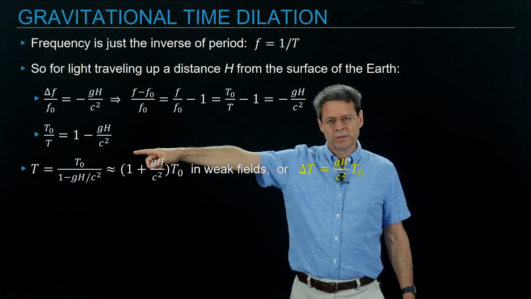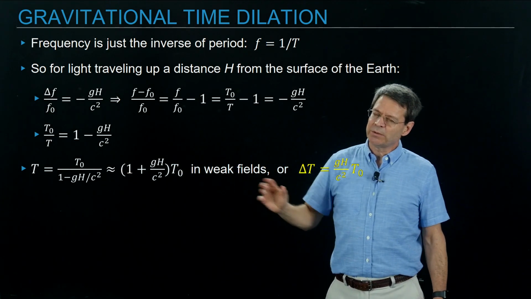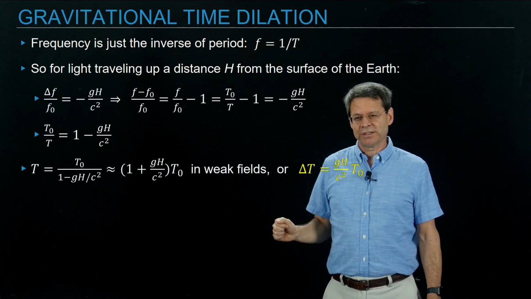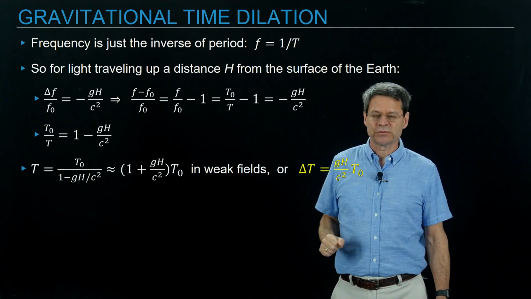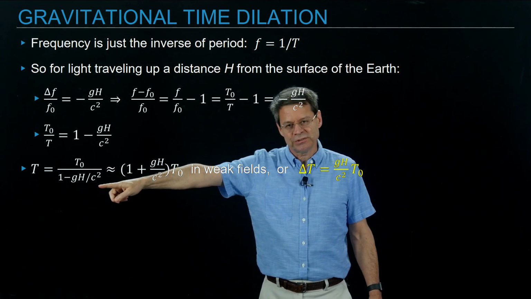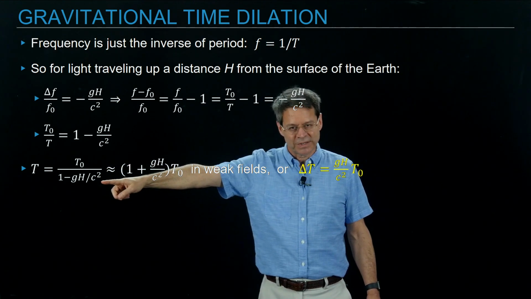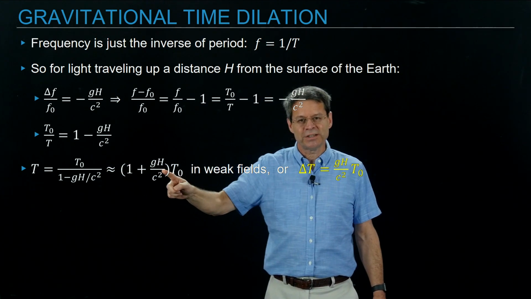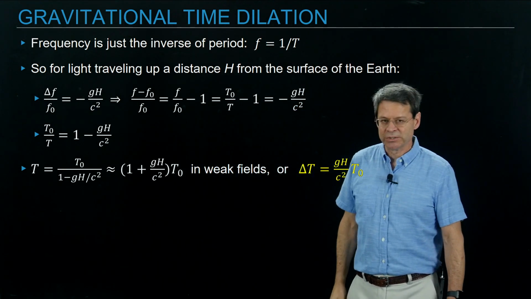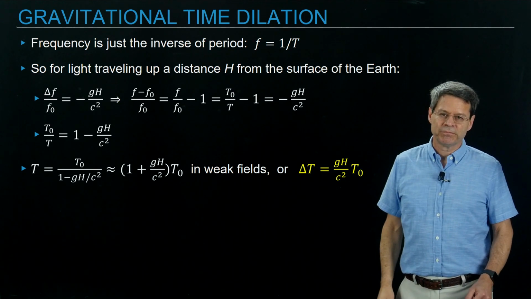This T naught over 1 minus gh over c squared is like 1 over 1 minus x. And I can expand 1 over 1 minus x as approximately 1 plus x for small x. So if I treat gh over c squared as my x, it's 1 plus gh over c squared times T naught, the time in the emitter's frame, when the field is weak, when gh over c squared is small.